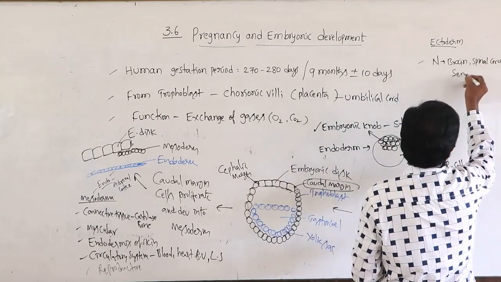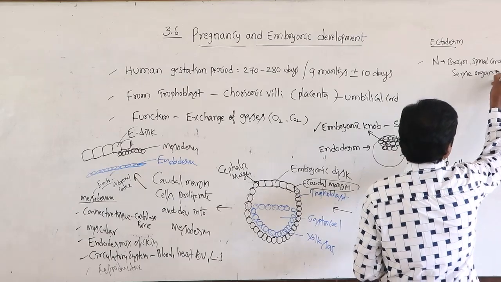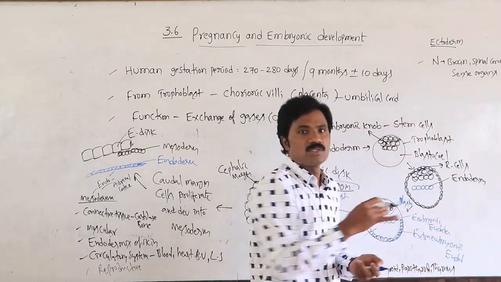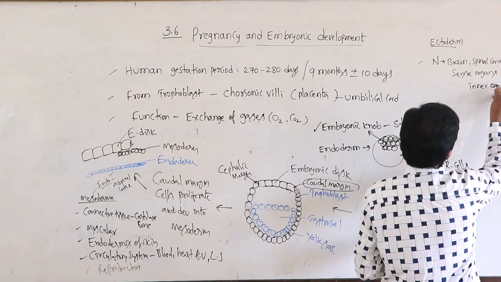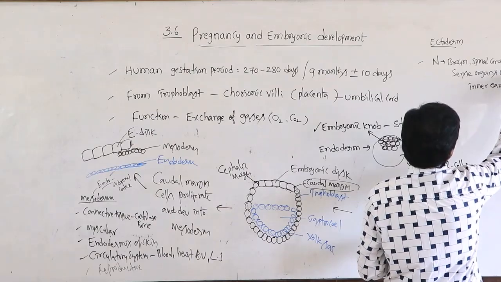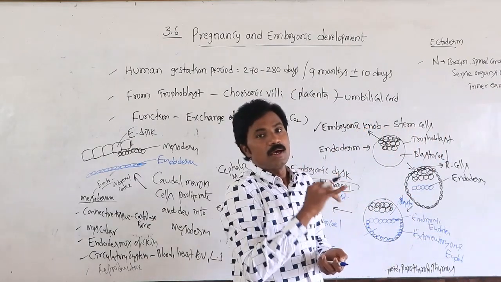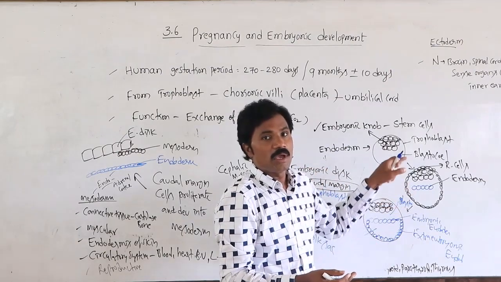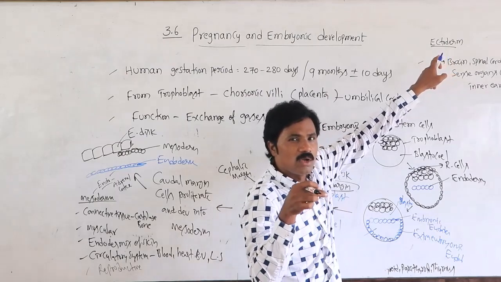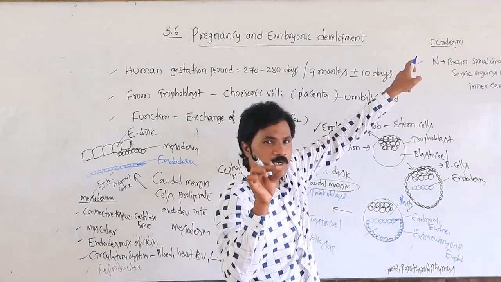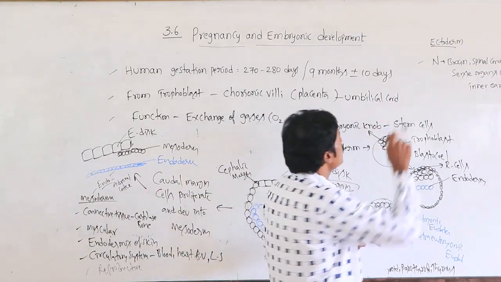Apart from this, sense organs, like the eyes and especially the inner ear. The middle ear is related to mesoderm, while the inner ear is related to ectoderm. These are very closely related points, so you must observe carefully.